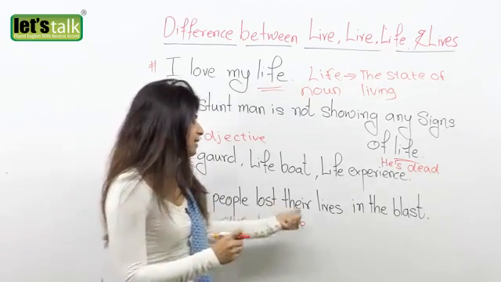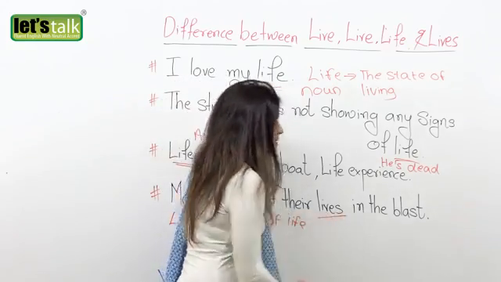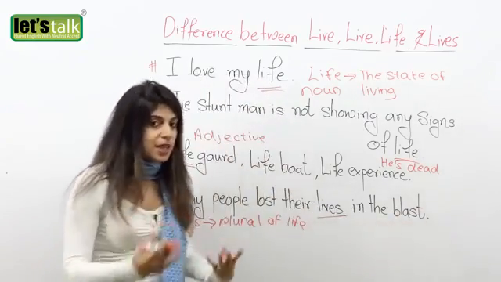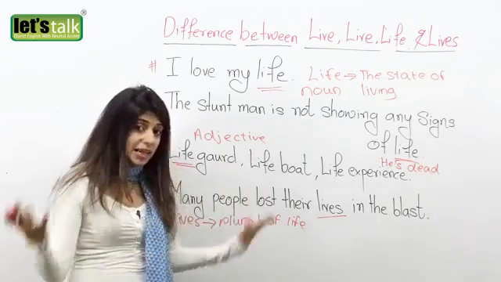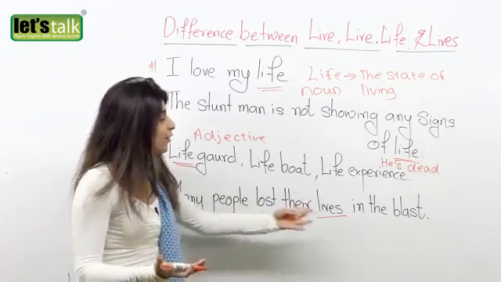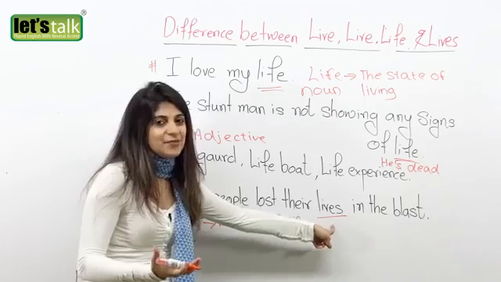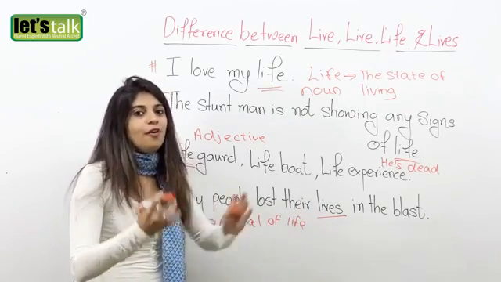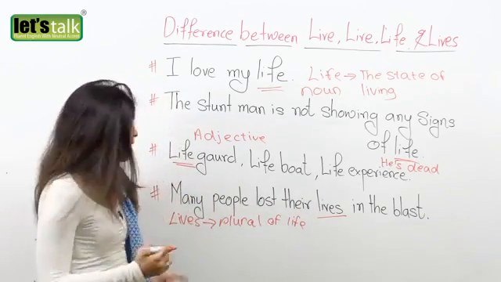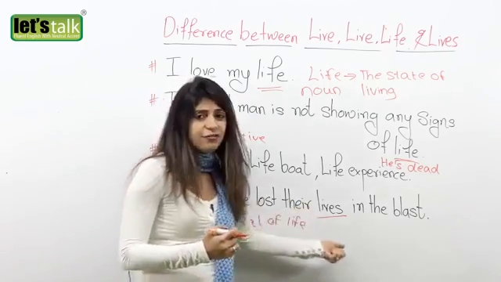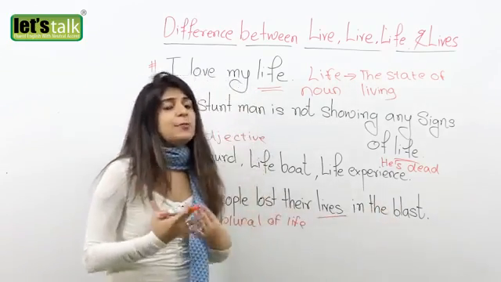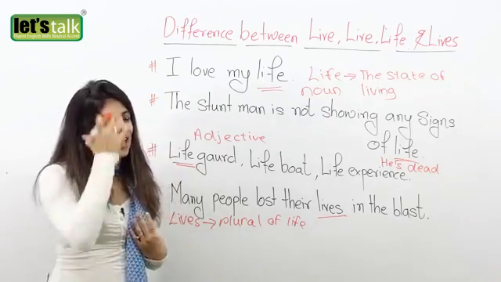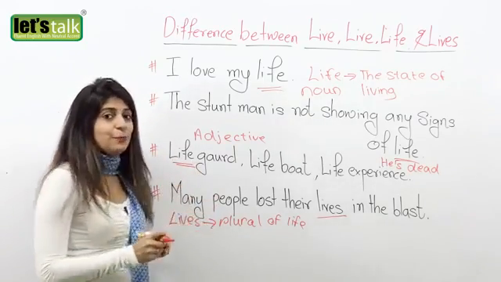Many people lost their lives in the blast. Because we are talking about many people, we are using the word lives because it's the plural form of the word life. We are not going to say that many people lost their life in the blast. It is going to be lives. Okay? So hope this is clear to you.